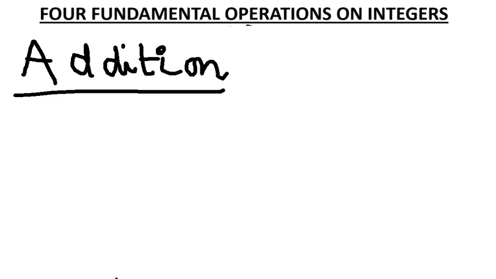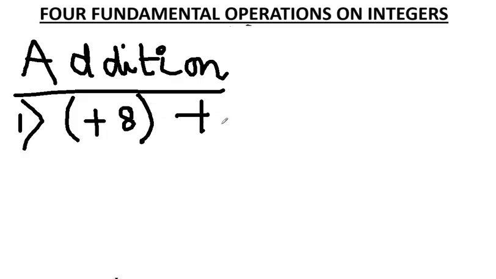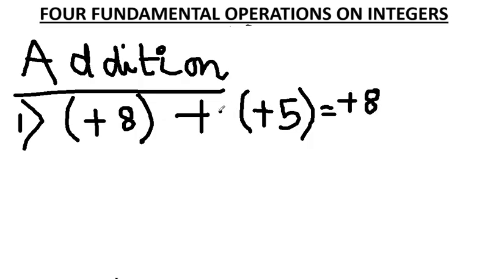So I'm getting started with the sums, or maybe let's call them examples. Positive 8, positive 5. What does that mean? That means positive 8 remains as positive 8.